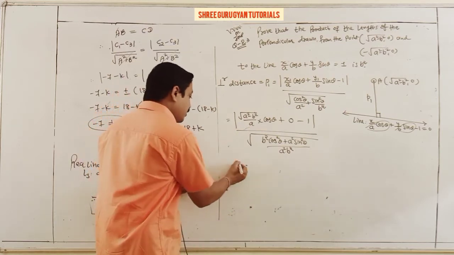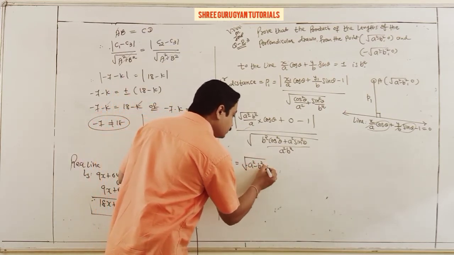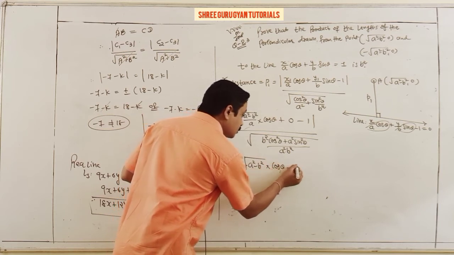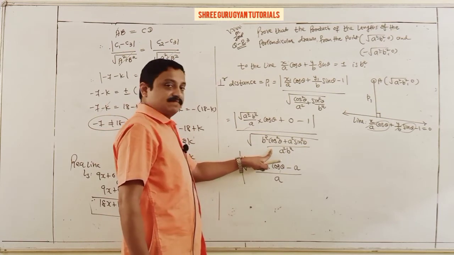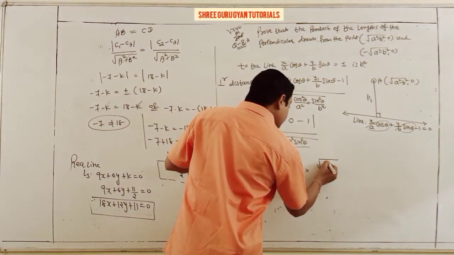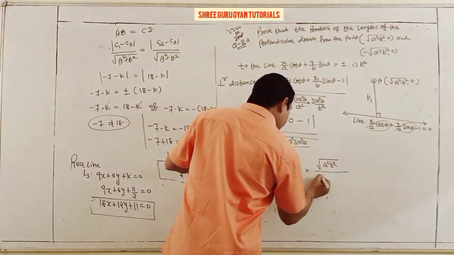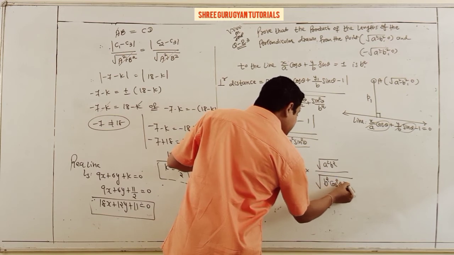So your required value is under root a square minus b square cos theta minus a upon a, and taking the LCM, on the upper side under root a square b square by b square cos square and a square sin square.